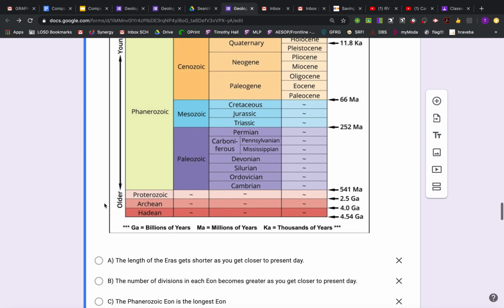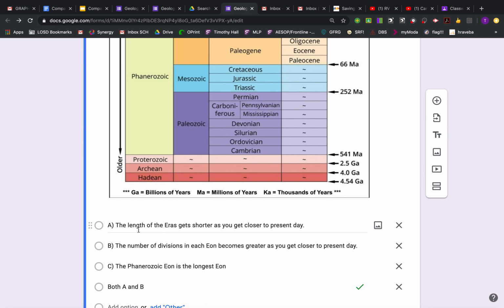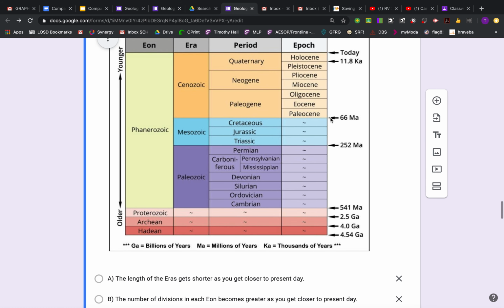It more correlates to the amount of detail that we have about that particular eon. So, the correct answer: the length of the eras gets shorter as you get closer to present day, right? So here's the eras. They are getting shorter. The Cenozoic is 66. The Mesozoic is less than 200. And then this one's definitely over 200, more like 300. So the time spans become smaller as you get closer to present day.